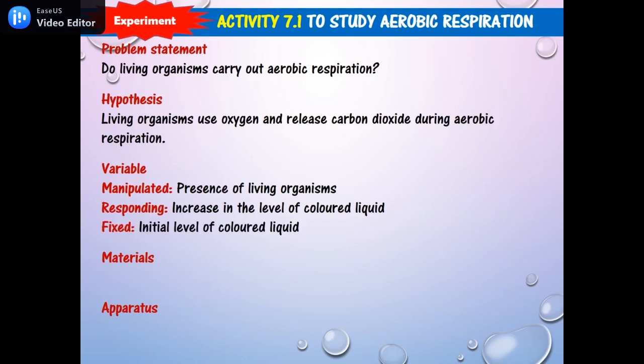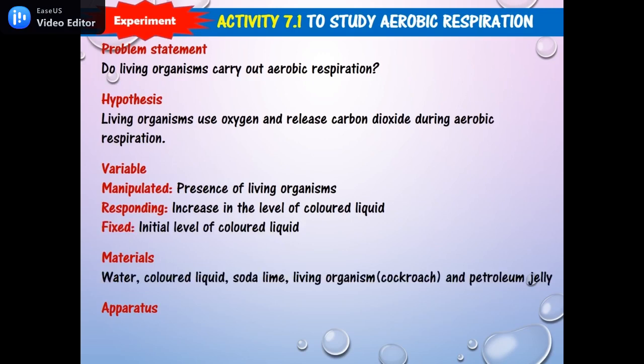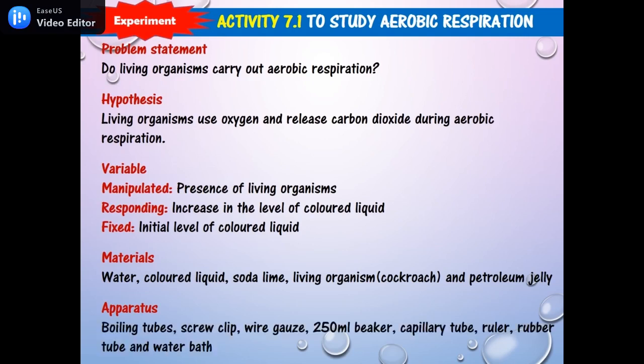Fixed: initial level of colored liquid. Materials: water, colored liquid, soda lime, living organism, cockroach, and petroleum jelly. Apparatus: boiling tube, screw clip, wire gauze, 250 ml beaker, capillary tube, ruler, rubber tube, and water bath.